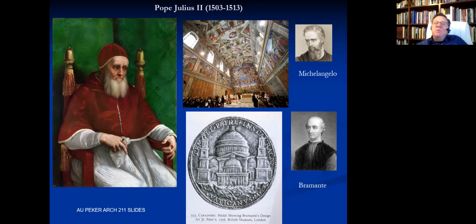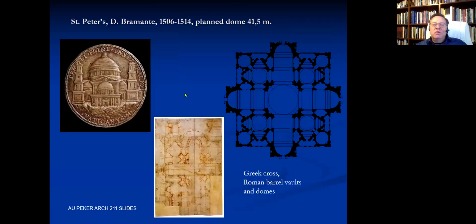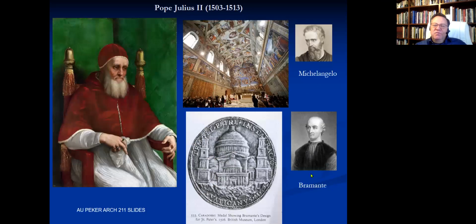Pope Julius is the main actor who initiated this design in investing to the new building of St. Peter's. Initially, Bramante started the design of St. Peter's. Pay attention, he introduced a typical Renaissance building, a central vertical axis dominated by two domes, balanced with pediments at the second level and the first level.